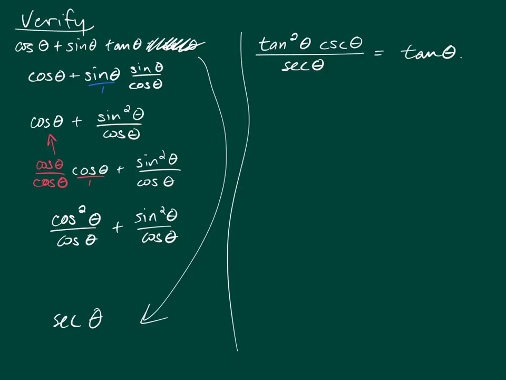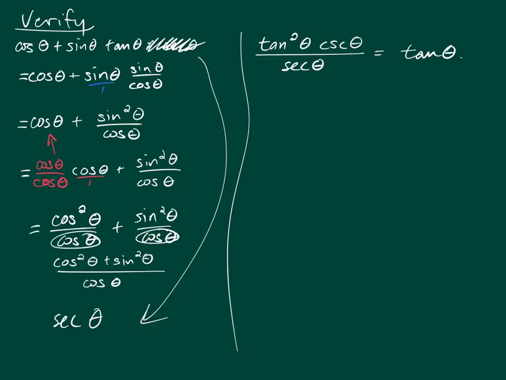cosine squared theta over cosine theta plus sine squared theta over cosine theta. Now that these have the same denominator, we can add these two fractions together to get cosine squared theta plus sine squared theta all over cosine theta. So I should have been putting equal signs here the whole time.